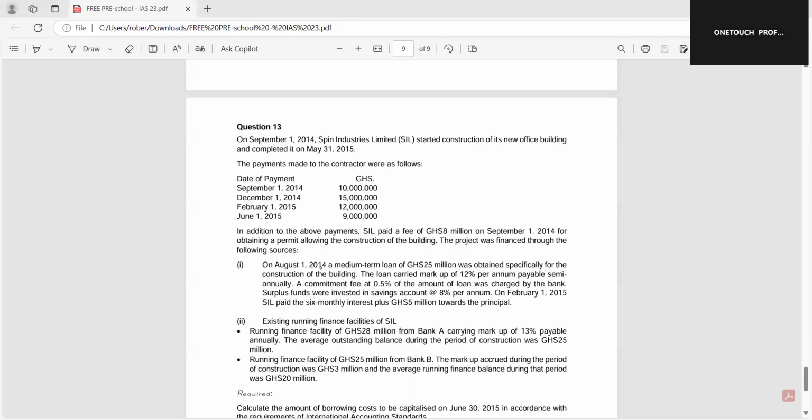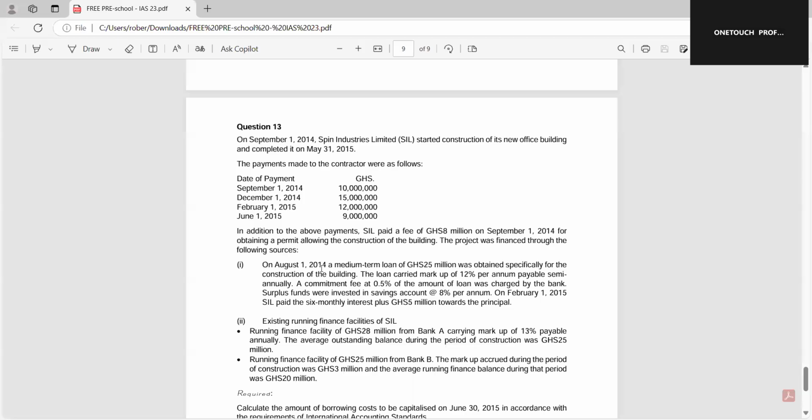So the 25 million is the loan. The 8 million is the permit, right? It was made on 1st September. And then the first payment is 10 million. Yes. Good. I know every student will do this, but there's a trick that can make you get it wrong.